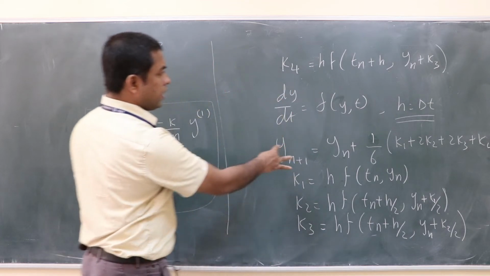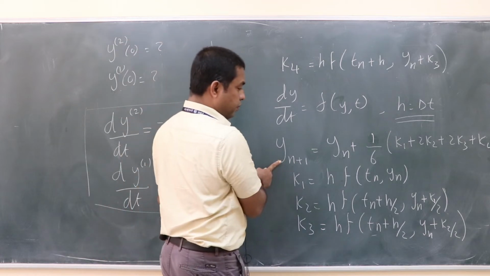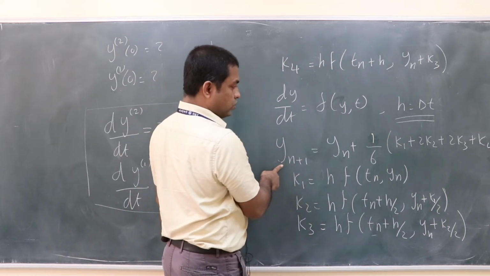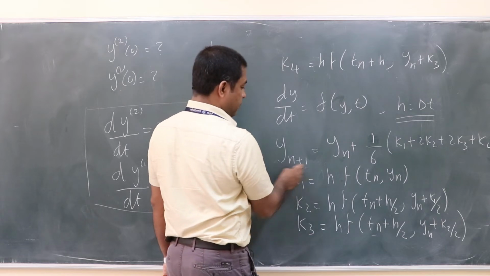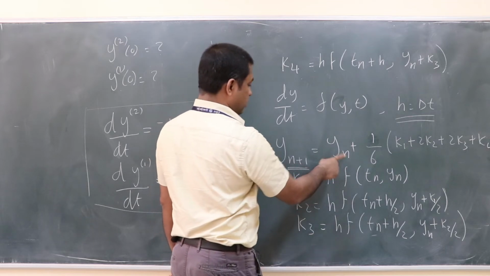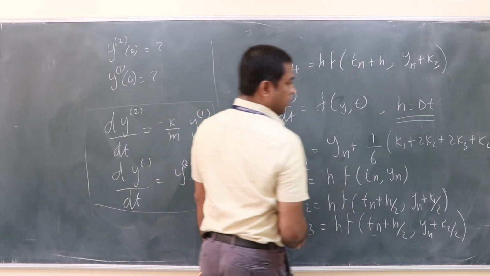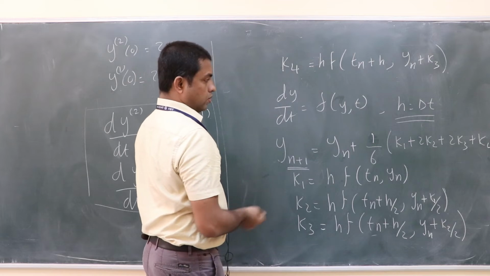So finally, if I know y at n, I can calculate y at n plus 1. That is y at 0, then y at 1, meaning h, which is equal to delta t, then y at delta t and so on.